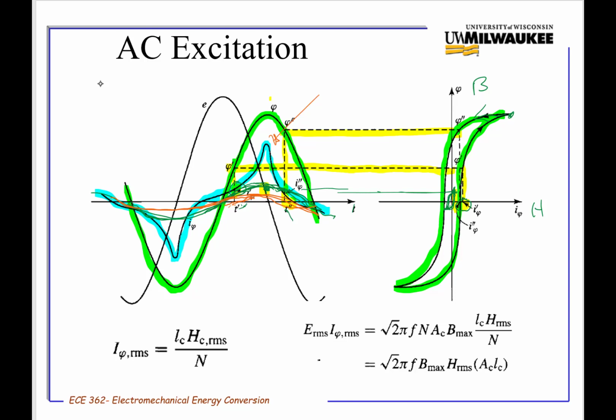The saturation affects the current waveform and makes it less sinusoidal, and we would call this distortion, or having more harmonic content to it, poor power quality. It does not affect the voltage or the flux.